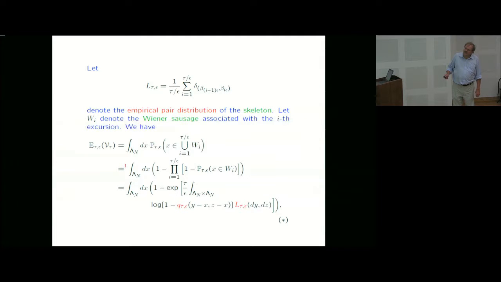The probability that x is in the set, if I integrate this over the whole box, I get the average volume. So I'm basically integrating the density of this Wiener sausage conditional on the endpoints, and if I integrate this density over the entire box, I get the average of this object over the whole box. Is that clear?